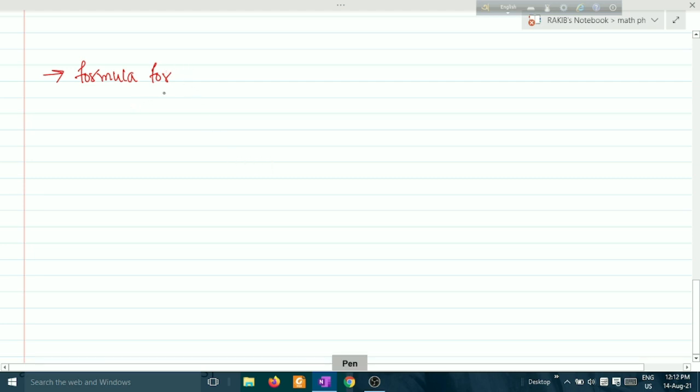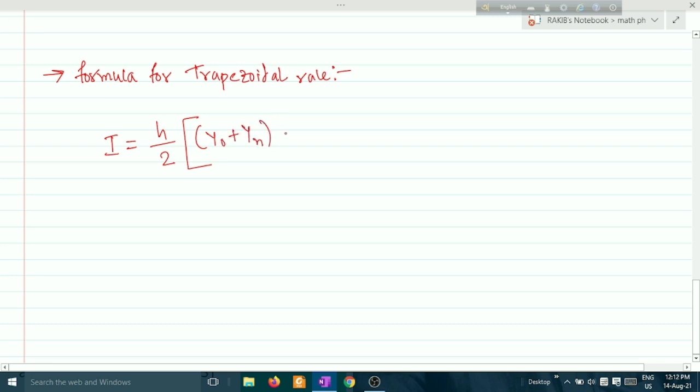So, the formula for the trapezoidal rule is one of the easiest formulas. The integration will be equal to width by 2 times the first term plus last term and 4 times the sum of all intermediate terms.